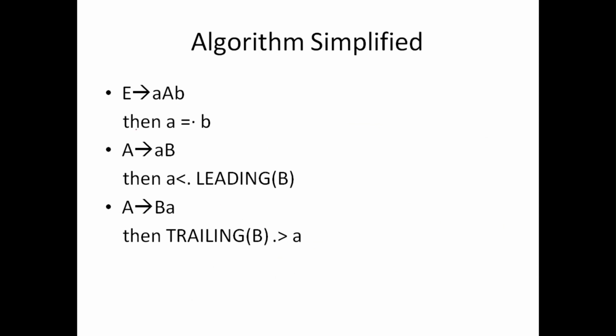So you can see here, suppose E is rewritten as AAB. Here one non-terminal is there between two terminal symbols.